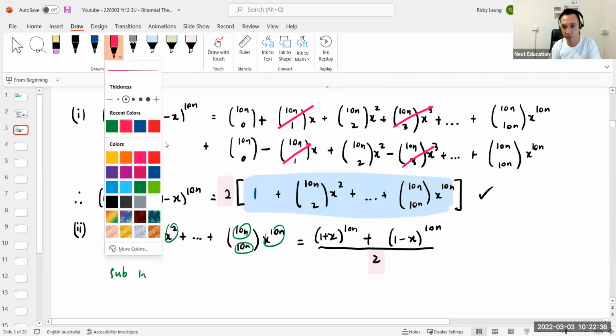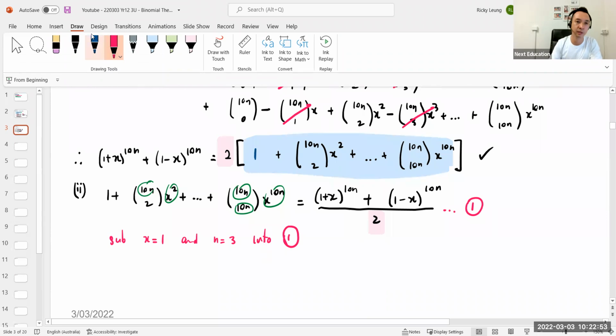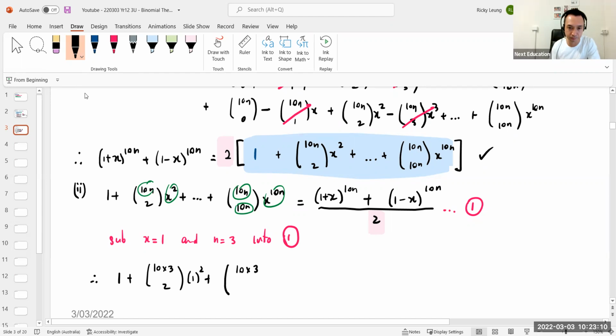So what you should say is, or maybe I'll call this number 1 now, and I'll do it in pink, sub x equals 1 and n equals 3 into 1. And that should give me it. So therefore, I got 1 plus, let's do it in 2 steps where I show my working, 30 choose 2 times 1 squared, plus, now I'll put in the 4th term as well, because the question has it.